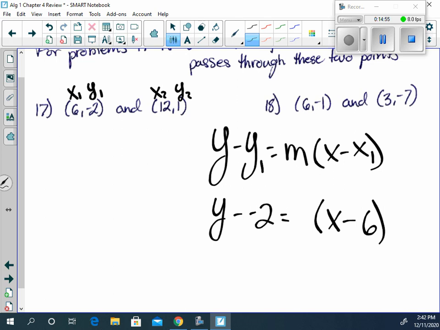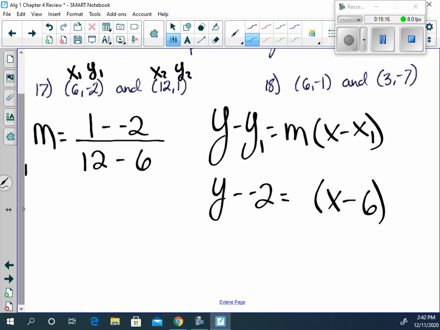Now to find the slope, we're going to use the 2 points, which would be our y2 minus y1 over x2 minus x1. Questions on this here? Because once we find the slope, we're going to plug it back in for m.